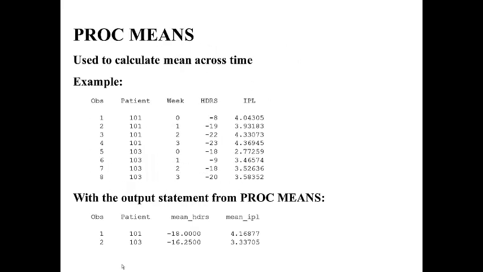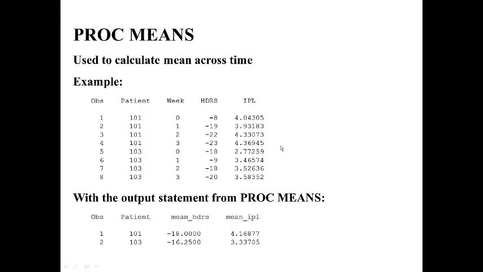So in this first method using PROC MEANS, basically what we are going to do is summarize the individual observations per patient into one observation per patient, which is just a summary measure of those individual observations. And here we have a data set, and this is going to be the data set that I am going to use in the SAS demonstration video, that deals with patients who were depressed and given a drug treatment.